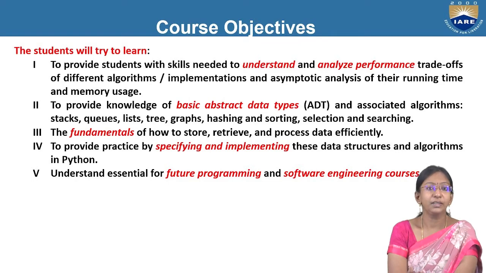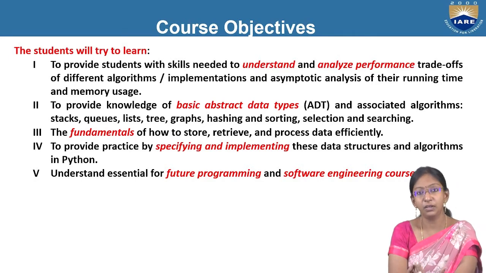So stacks and queues are linear data structures you are going to learn, and the non-linear data structures are trees and graphs. We are going to learn how these stacks and queues will be implemented using arrays as well as linked lists.